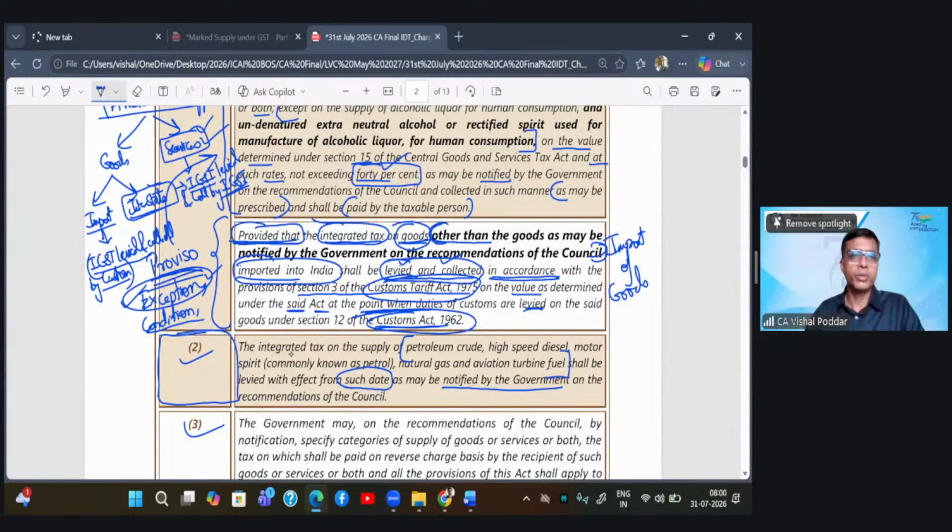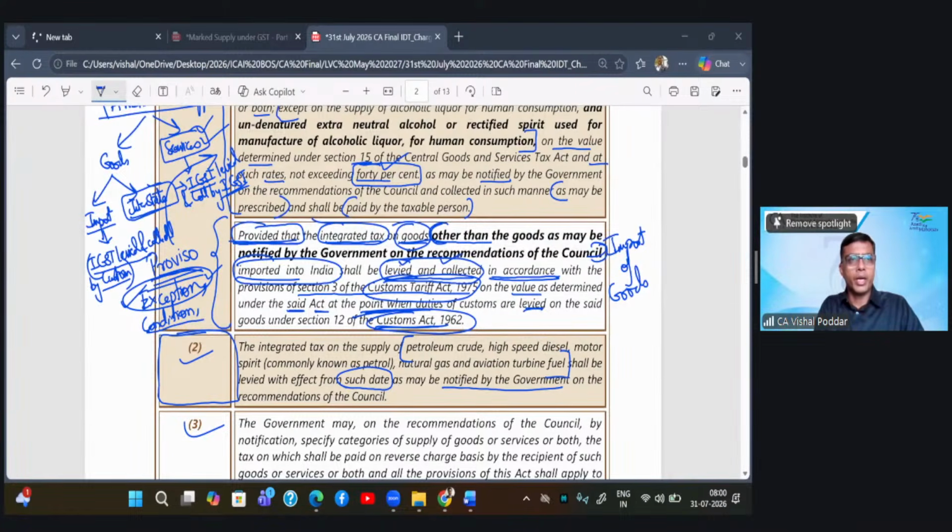And when this proviso is not applicable, it means the IGST on those imported goods will be as per the main para. Main para means it will be levied and collected by the IGST Act only, not by the Customs Act. Correct? Students, I hope this point is clear to everyone. Right? Yes, Radha, your interpretation is correct.